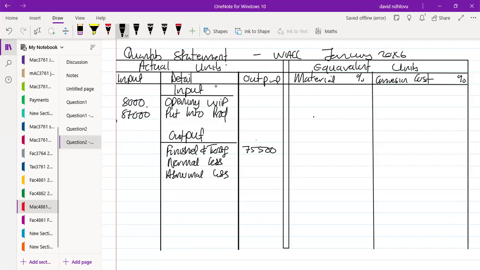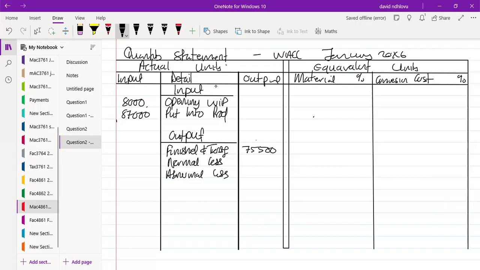If you are making clothes, you will have cutoffs. So when we say normal loss, it means through experience, using our best machinery and our best personnel, we have determined that offcuts should be such and such a percentage. So if offcuts should be 5% of the total raw material input, that is our normal loss.